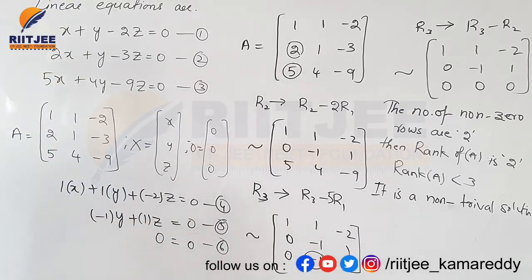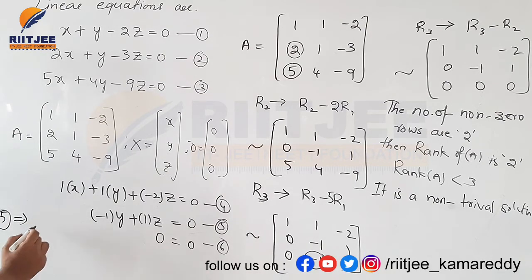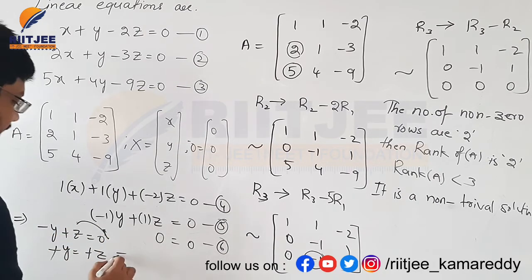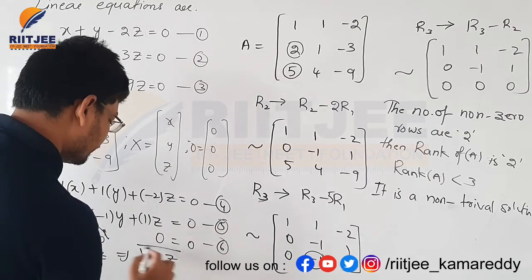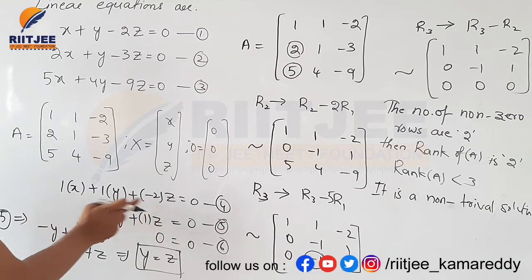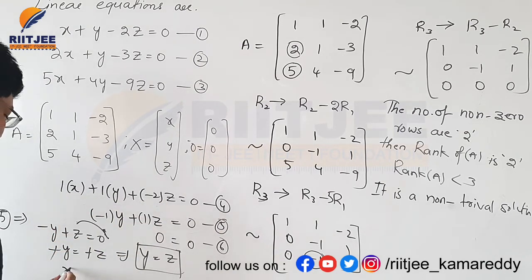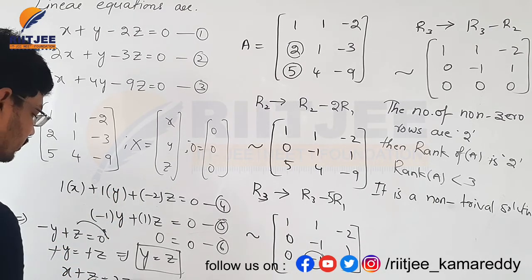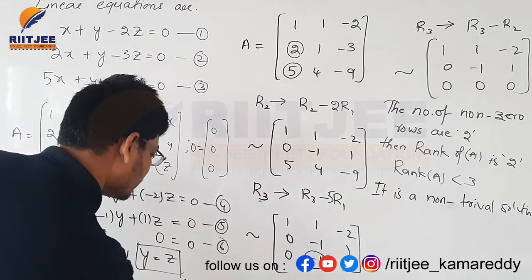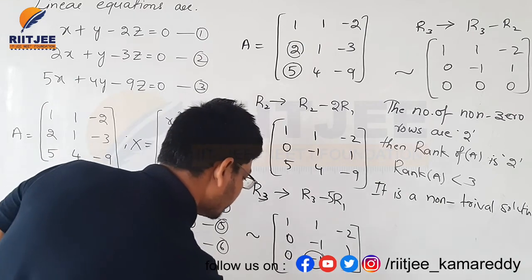From equation number 5, minus y plus z is equal to 0. That's why minus y is equal to minus z. If you send it to the right hand side, y is equal to z. If you substitute y is equal to z, x plus z minus 2z is equal to 0. That implies x minus z is equal to 0, that implies x is equal to z.